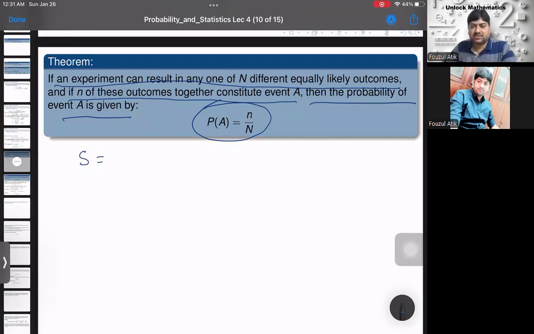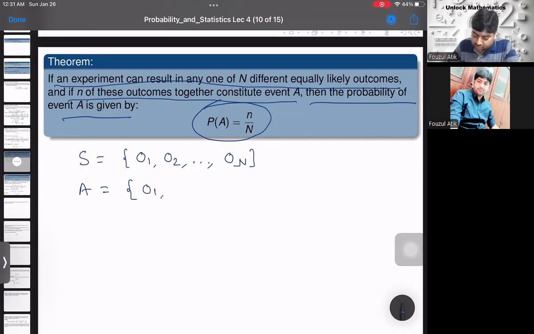Suppose A is equal to the set, maybe O1, O2, and so on, all these equally likely outcomes. And A is a set which consists of n events.